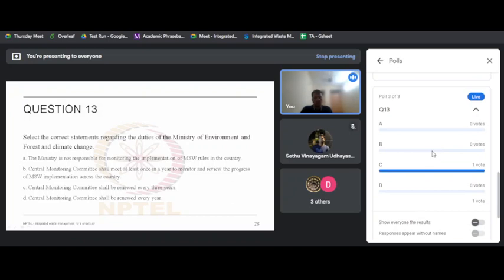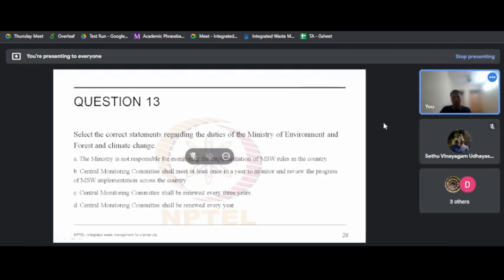So we have one vote in favor of option C. Okay. Any other responses? We'll wait for maybe one more minute and then we'll discuss the answer.